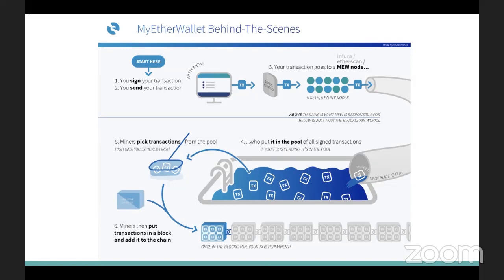So if you send a transaction with a gas price of 2, when miners are only getting transactions from 10, your transaction will stay in the pool for a really long time.